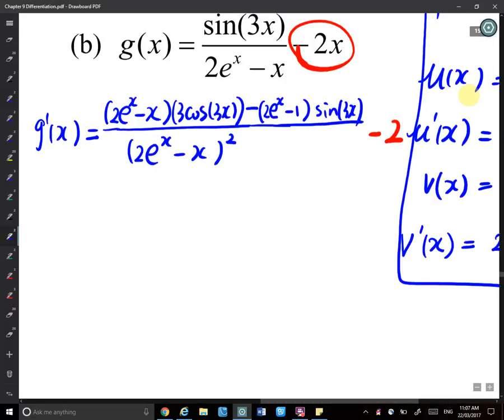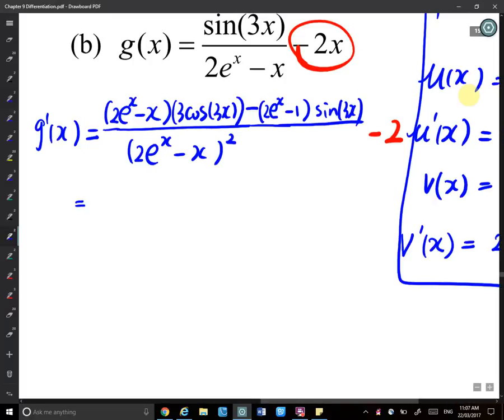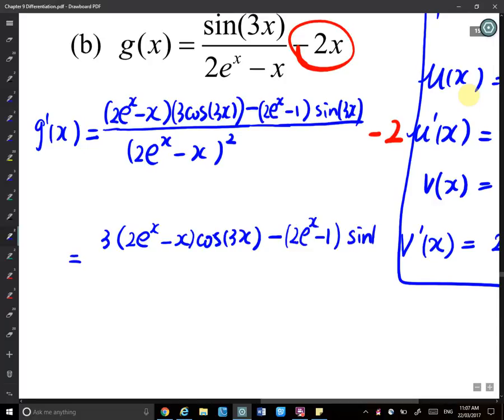I can make this look a little bit better. I don't want to expand them because there's no meaning if you expand it. So I'll just put a 3 in the front and then times (2e^x minus x) cos 3x minus (2e^x minus 1) sin 3x.